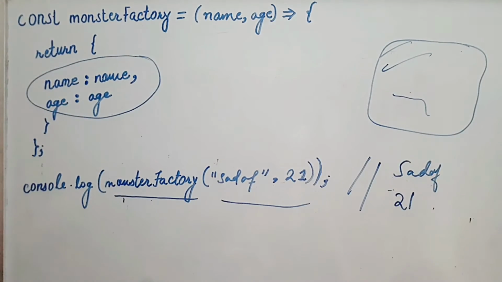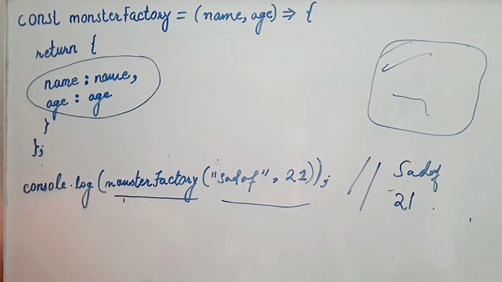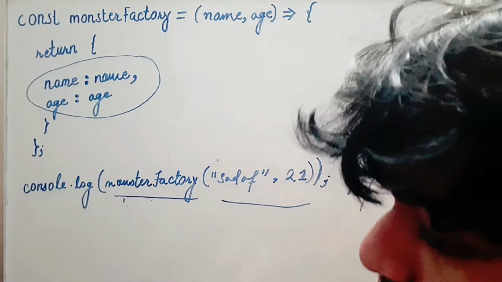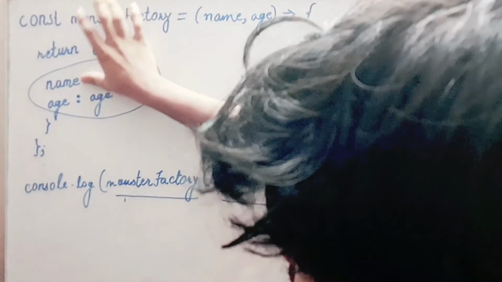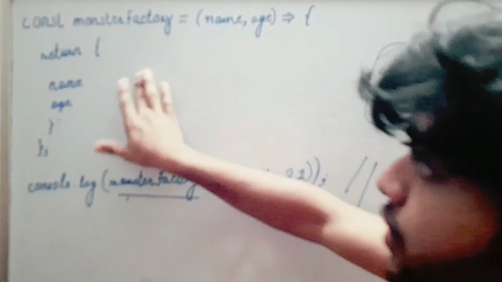So what's the point? The point is very obvious. We are learning the destructuring technique, right? It's a technique, as I told you. I'll try to show you something. I'm trying to refactor something here, that is, we are trying to remove this name key and this age key from here. So what do you expect?